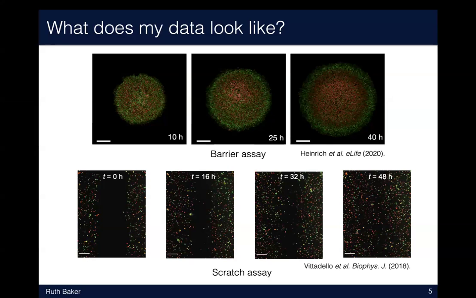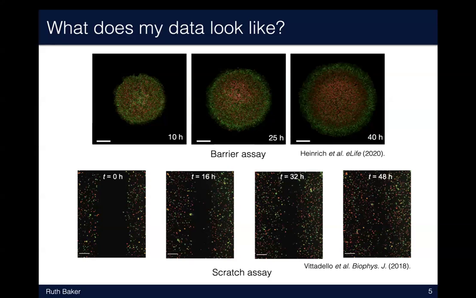What you can hopefully see here is that you start with something fairly homogeneous in terms of red and green, so a distribution of the cell cycle. And over time, predominantly you get a green rim and a red middle. It's not quite that clear cut, but that's what we're seeing. So I've data from our collaborators in Princeton, published in eLife.